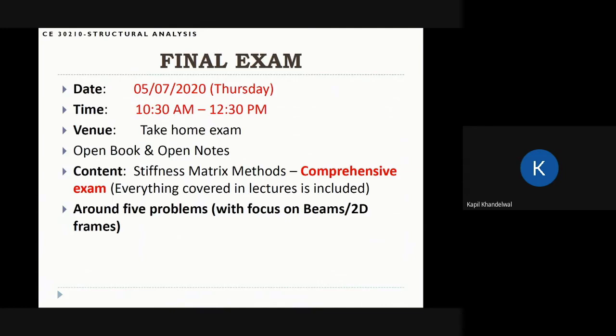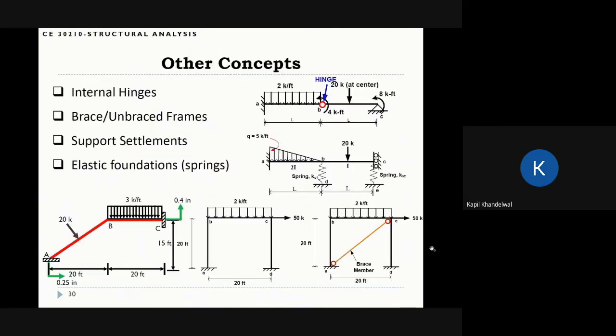For example, if we have a problem like a braced frame, in this case we are using both the frame members and the brace member in the same problem, okay? Or a truss member in the same problem. Or I could have put a spring here also. So in one problem I can have all kinds of elements, and you need to understand all the topics carefully.